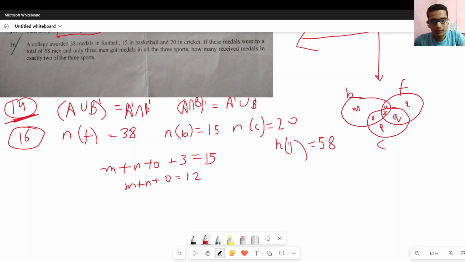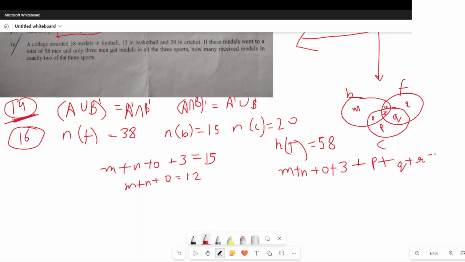So I can write here one more equation, M plus N plus O plus 3 plus P plus Q plus R will be equal to 58.